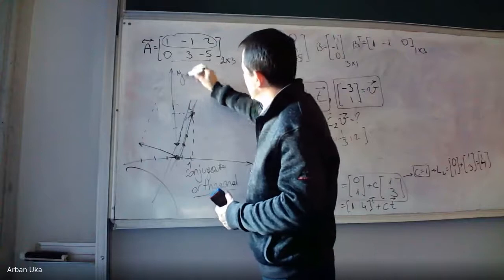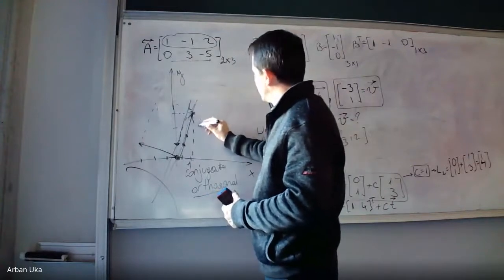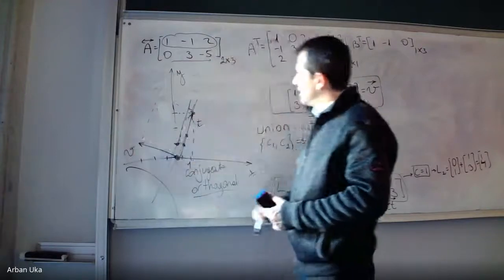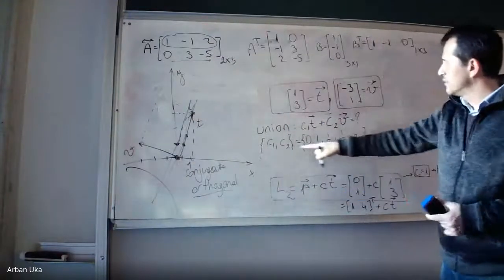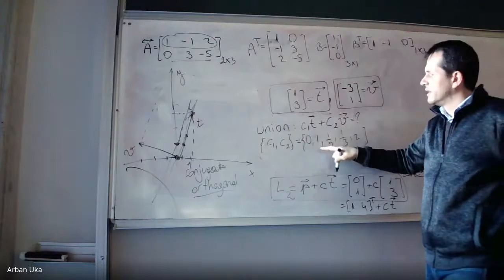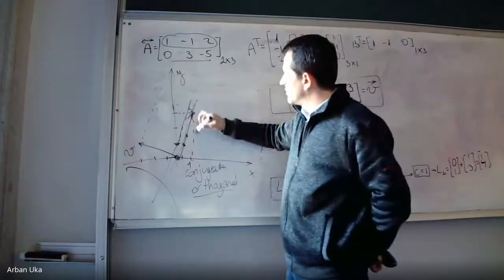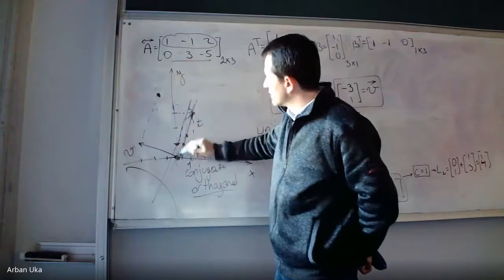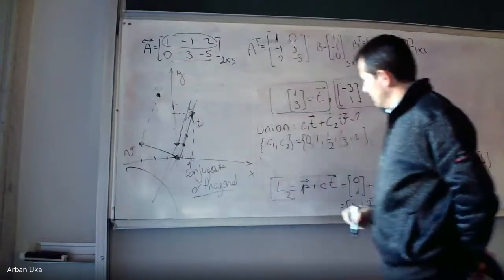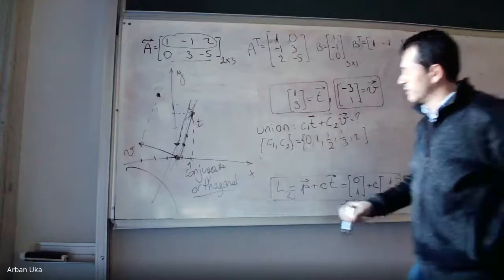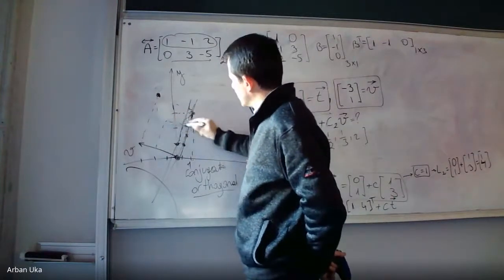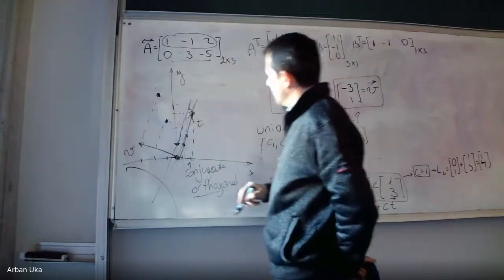This is the y-axis. This was vector t, okay? This is vector v. And then when we have C1 and C2 both equal to 1, the new point will be t plus v, and this is where it will end up. So we have this point. When C1 and C2 are 1 over 2, we have halfway of these, and we get another point somewhere here, okay?